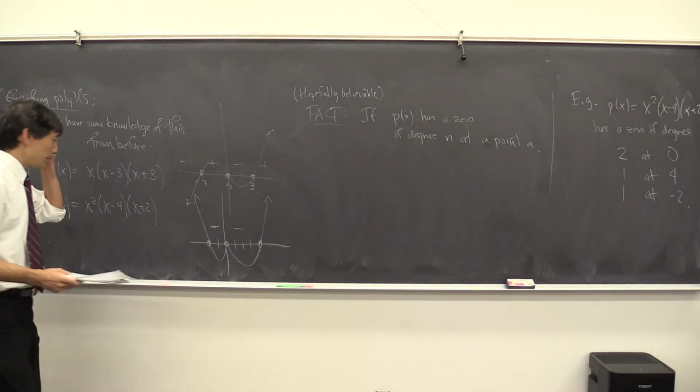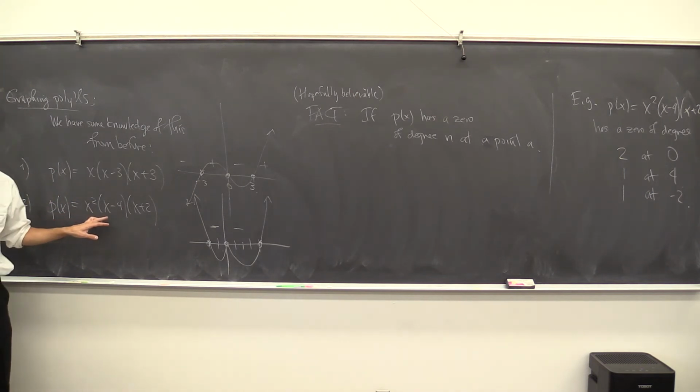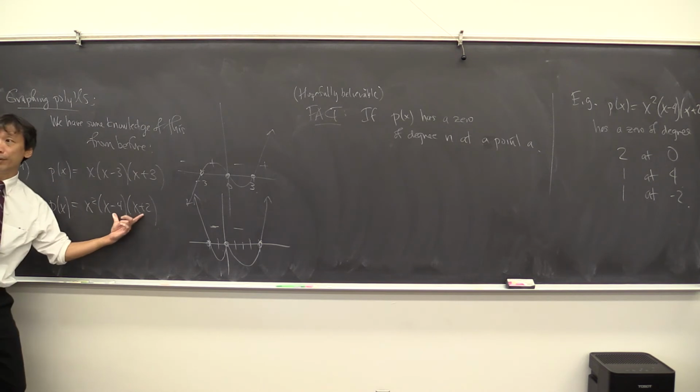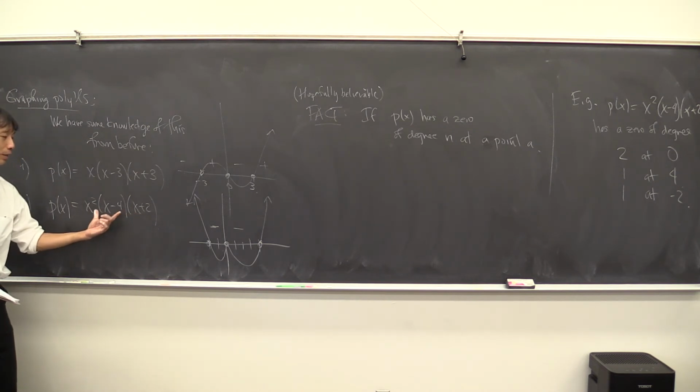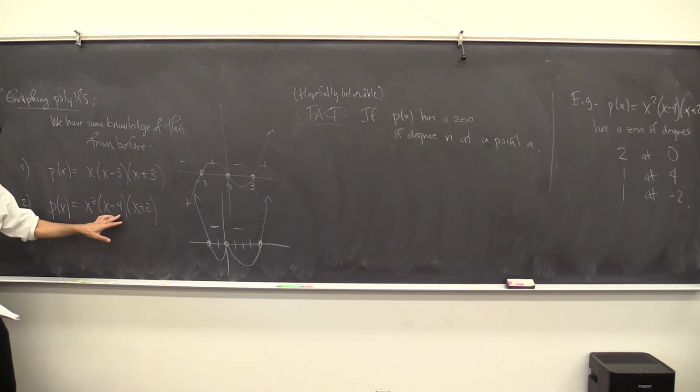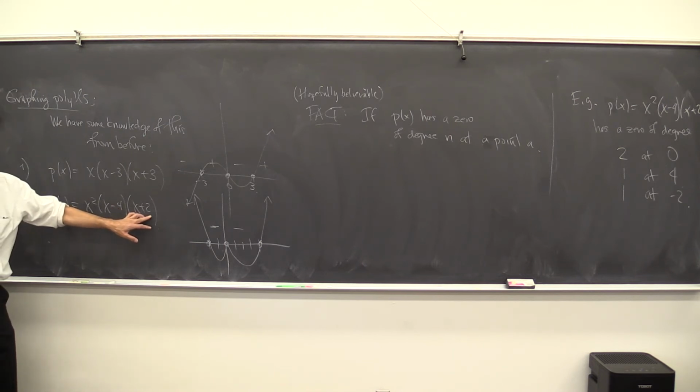I don't think I've introduced this terminology before, but based on the power, you call that a degree n 0. This guy has a 0 there, a degree 1 0. This is also a degree 1 0.